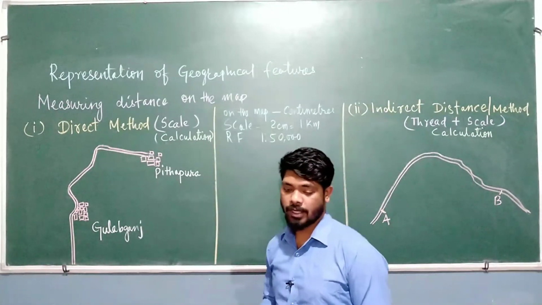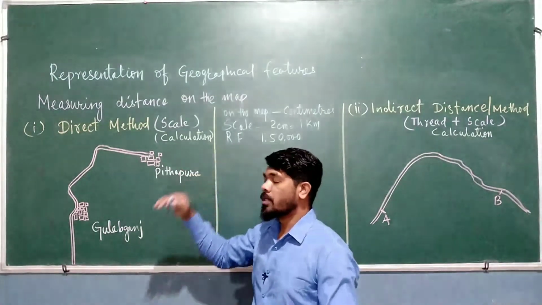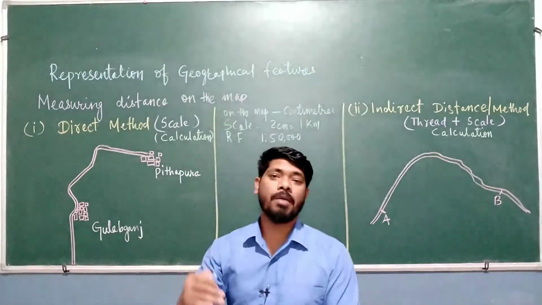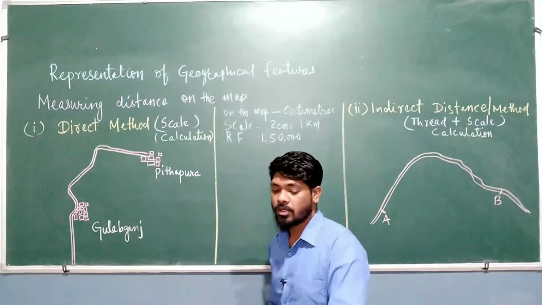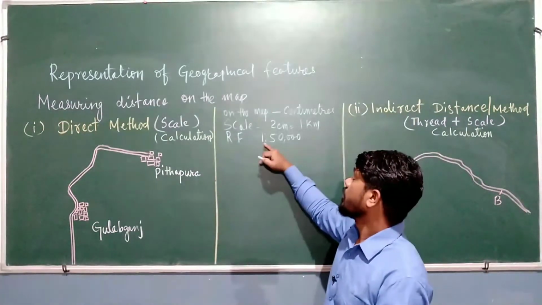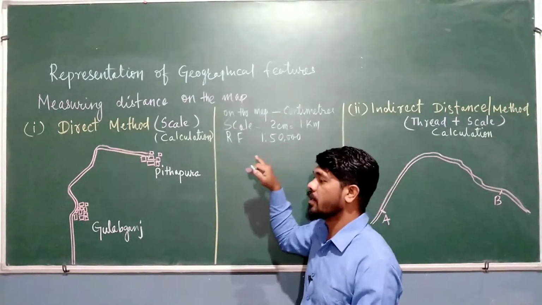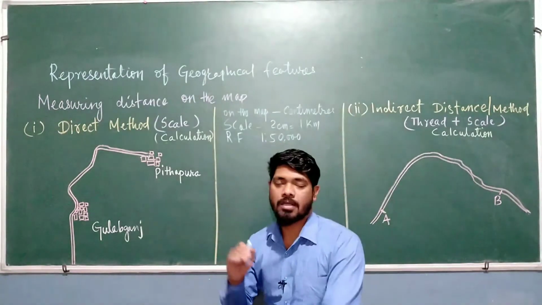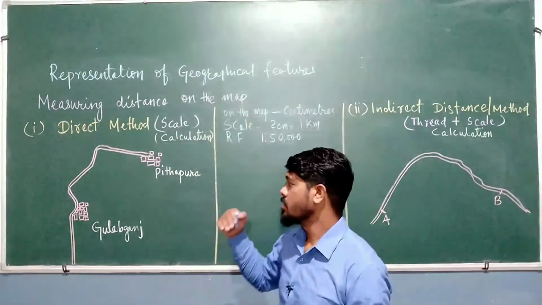So scale is a ratio between the distance on the map and on the ground, and the unit should be the same. On the map it is 1 centimeter and on the ground it is 50,000 centimeters.